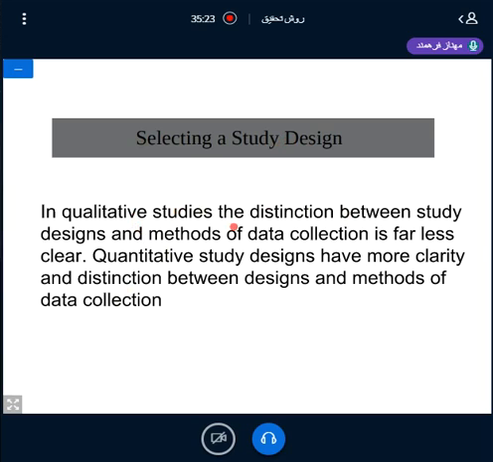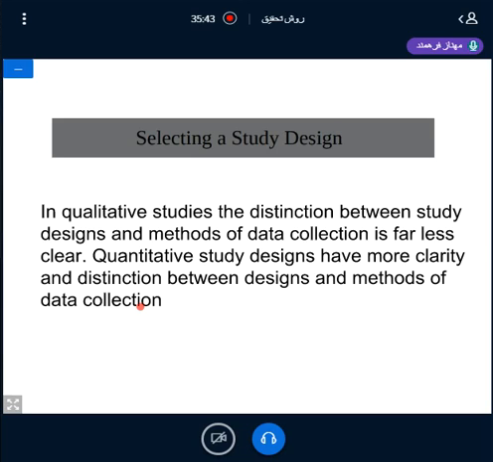In qualitative studies, the distinction between study design and methods of data collection is far less clear. Quantitative study designs have more clarity and distinction between designs and methods of data collection.